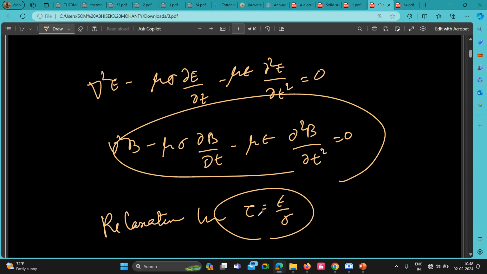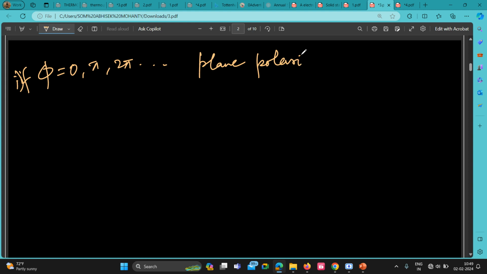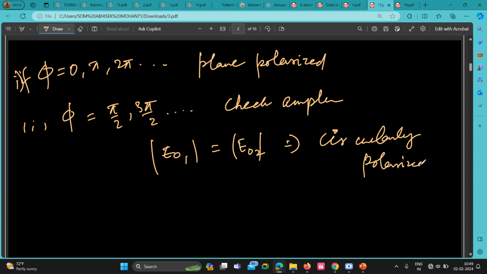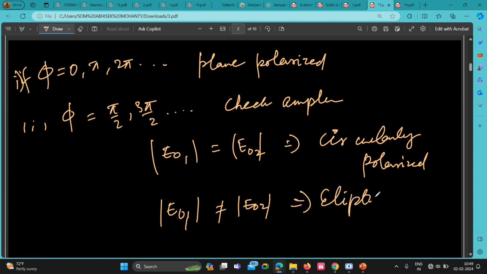Now let's revise a bit of polarization. If the phase difference is 0, pi, 2 pi, etc., this is plane polarized.